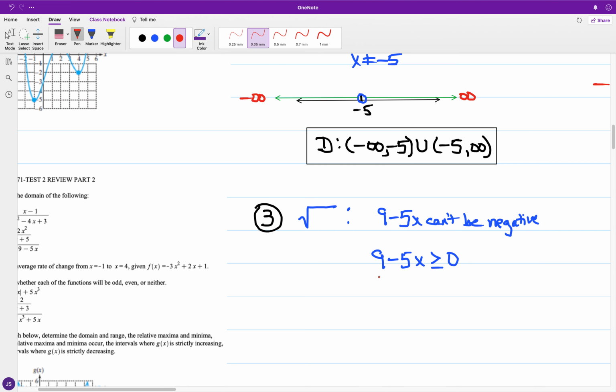In isolating the variable term, if I take 9 away from both sides, negative 5x is greater than or equal to negative 9. And with division by negative 5, again, if you multiply or divide by a negative, the direction of the inequality is going to change.